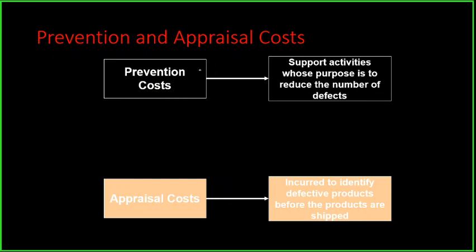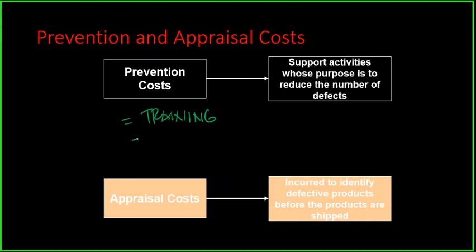These are actually proactive costs. Like for example, if you're going to incur training costs, training for a better product, not just coming up with a better output, but better handling of materials, better processing, which will result in better quality for our product. So that's what you call prevention costs.